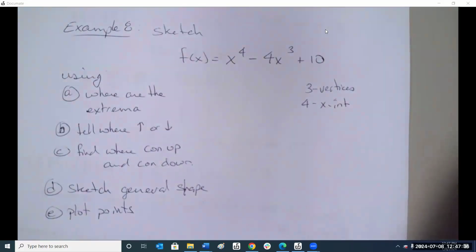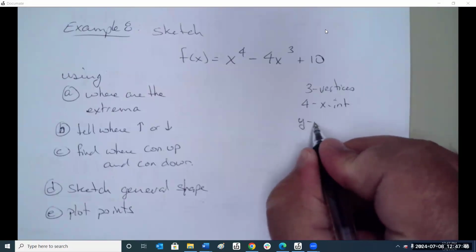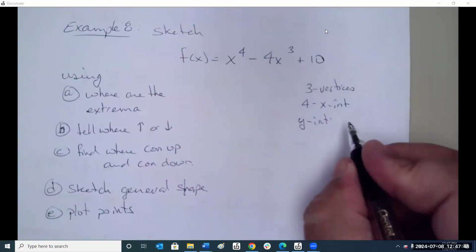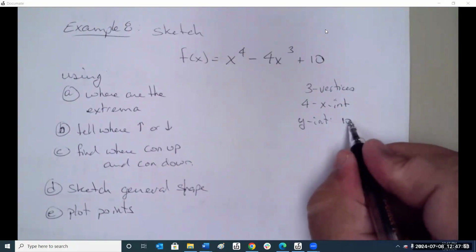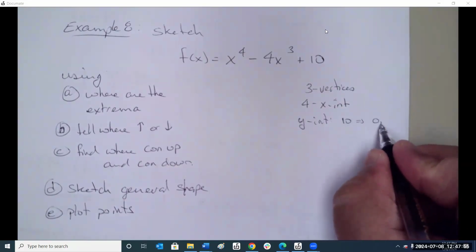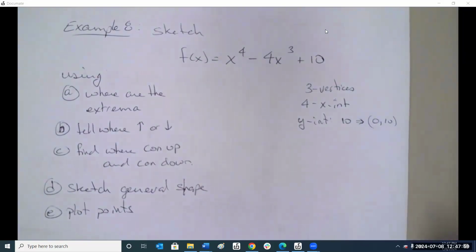What else? Where's the y-intercept? It's actually 0, 10.